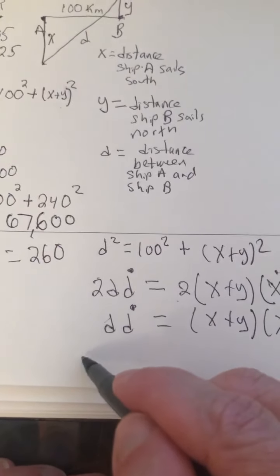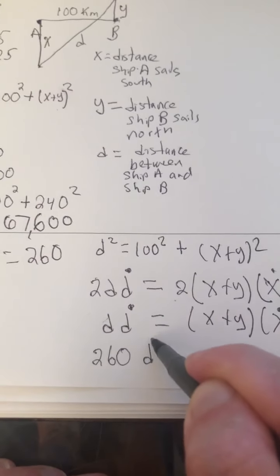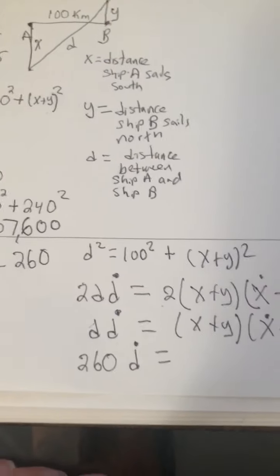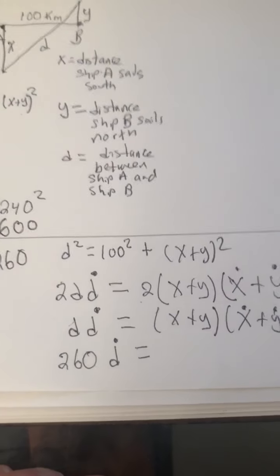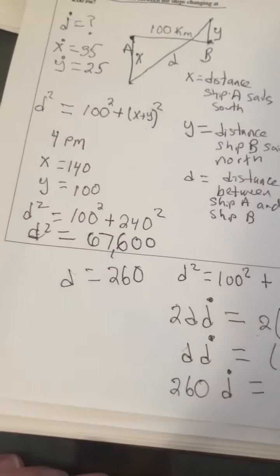d we just said is 260. So 260 times d dot equals x plus y. Well, x plus y is 240.